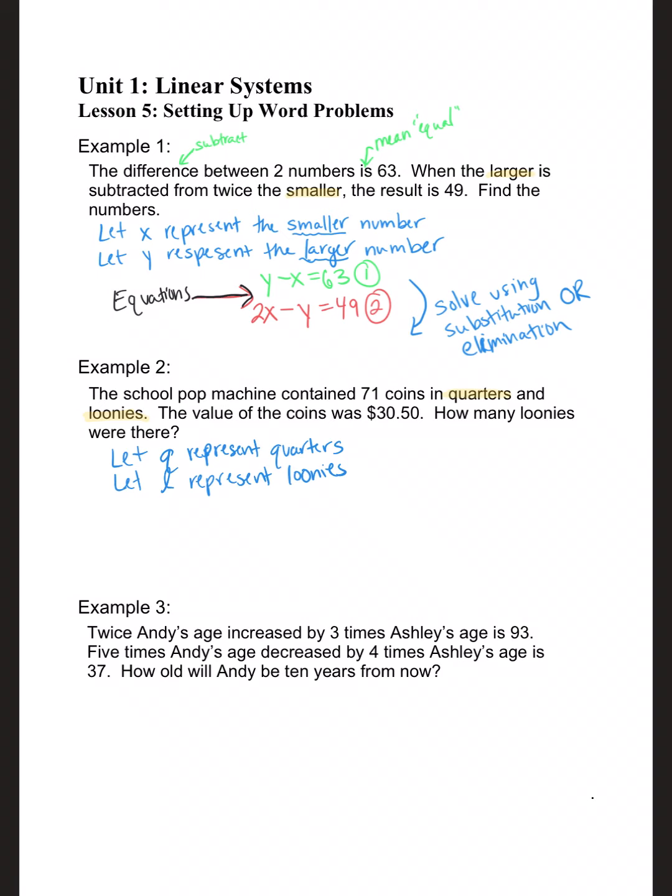Okay, so we'll try to make some equations out of each of these sentences now. It says that the school pop machine contained 71 coins in quarters and loonies. So the sum of however many quarters and loonies we have is 71. So we could hopefully see that this is addition.